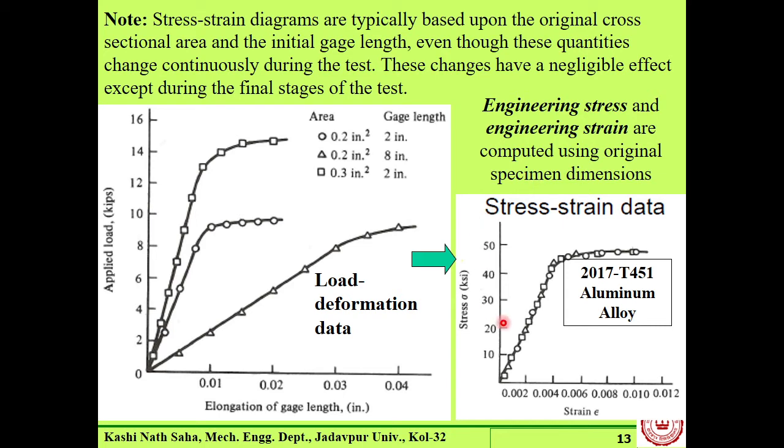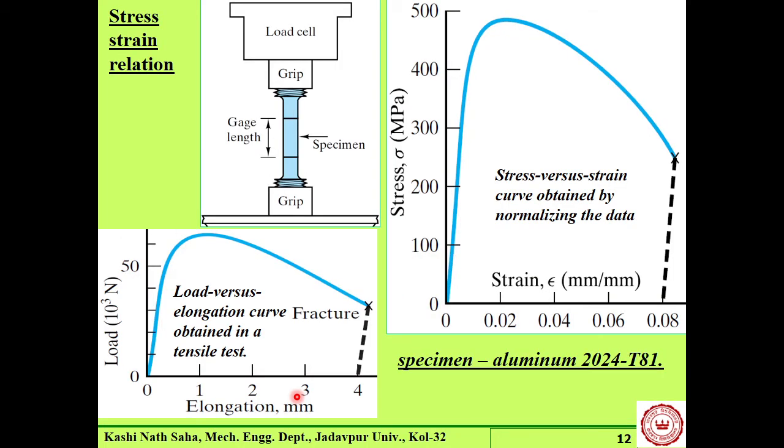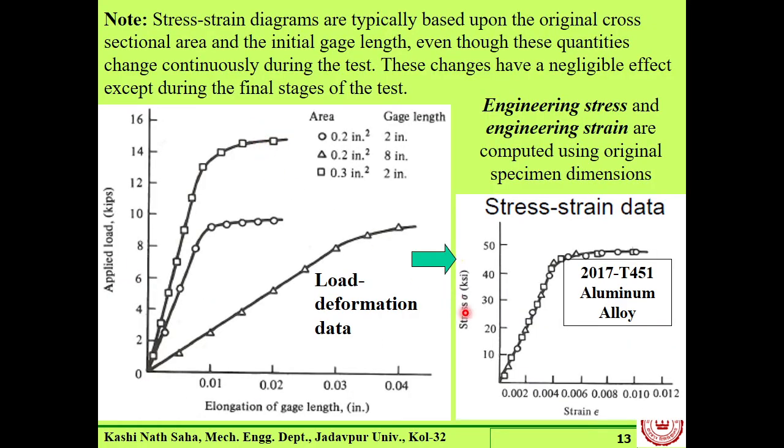We get a stress value, and there also, if we measure the elongation and express that elongation in terms of the gauge length, then this is a measure of strain. Yes, sir. Change in gauge length by gauge length is a measure of strain. This will give this type of diagram, known as the engineering stress strain diagram.